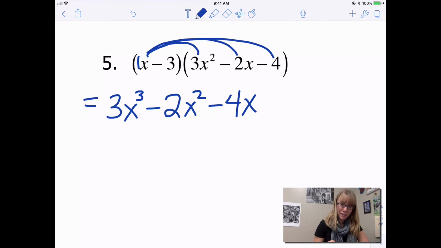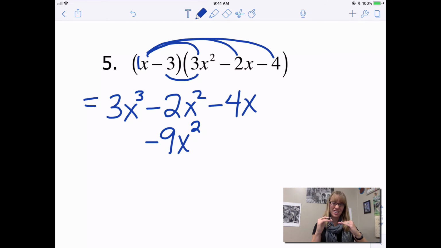I still have to multiply my negative 3 by everything. I'm going to go negative 3 times positive 3x squared. That's negative 9x squared. I'm actually going to line that up right under my x squareds so that I can add straight down. So negative 9x squared, and then negative 3 times negative 2x. Negative 3 times negative 2 is positive 6x.